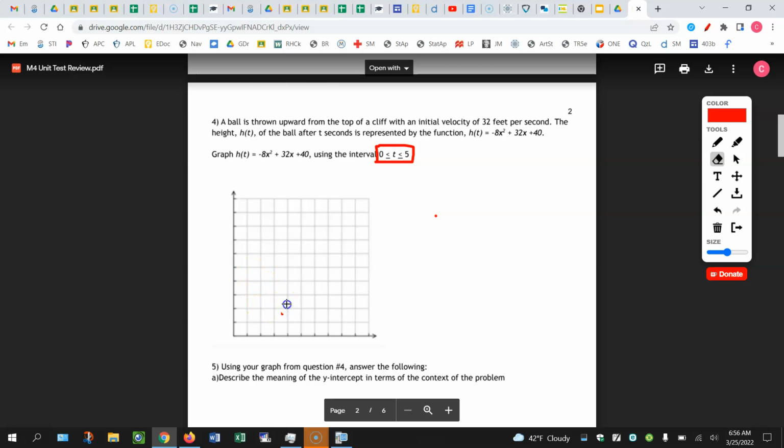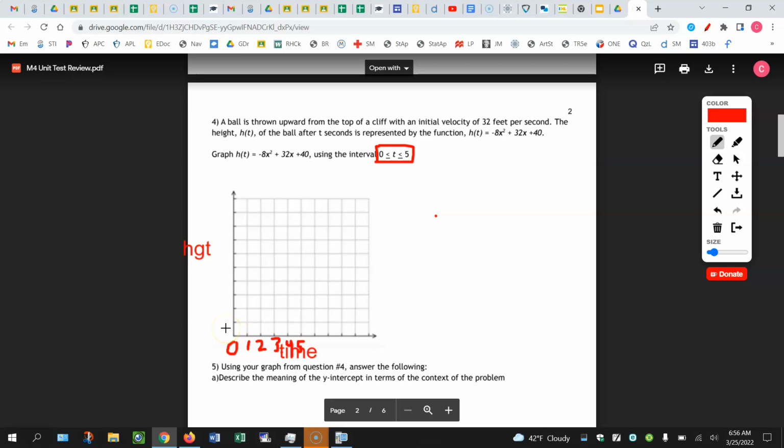Okay, so you have your table of values. You can see that X goes from 0 to 5. So we're going to put on the X-axis here time. And on the Y-axis here, this is going to be height in feet. The time went from 0 to 5 seconds, so I'm going to be fine going up by ones here. 1, 2, 3, 4, and 5.